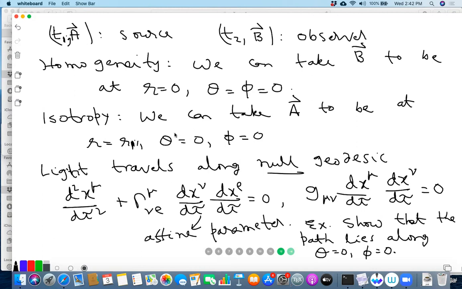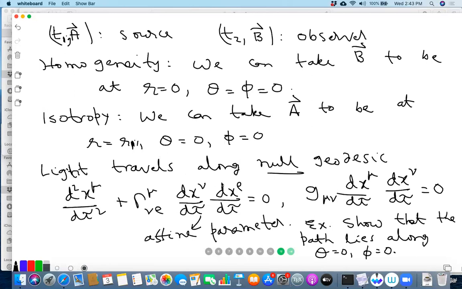So it follows from symmetry, but you can also prove this by looking at the geodesic equation, basically to show that theta equal to constant and phi equal to constant satisfies it automatically. And because the initial and final conditions tell you theta and phi are both 0, this will preserve that.